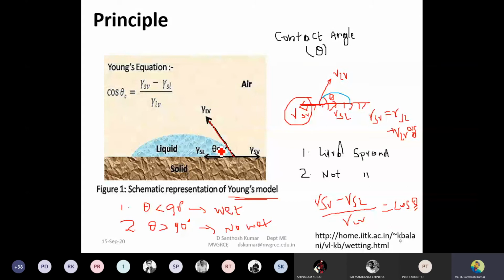If you do not clean the surface properly, then obviously any grease, dirt particles or other things on the surface will increase the contact angle. Once the contact angle increases, then what happens? If theta is greater than 90, there is no wetting. So wetting won't take place.